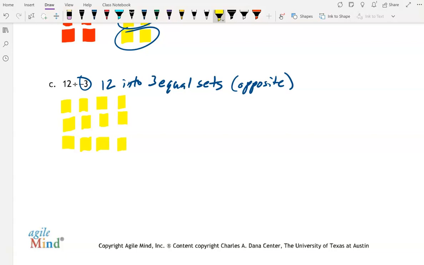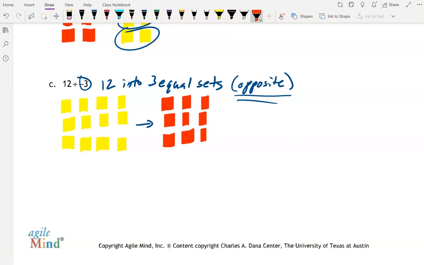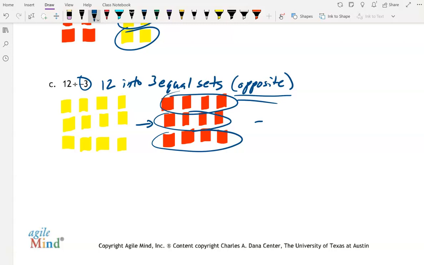There's 12 divided into 3 equal sets, but we have to take the opposite of that, so we're going to turn all of these over. 7, 8, 9, 10, 11, 12. And how much do we have in each group? After we have divided 12 into 3 equal sets and taken their opposites, how much is in each group? -4. We have -4 in each group. So the answer is -4.